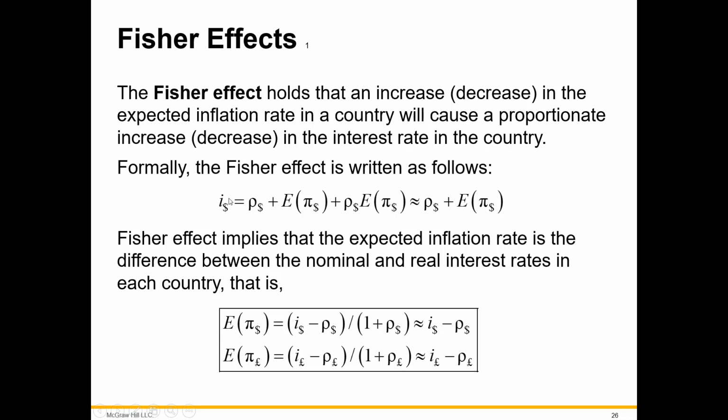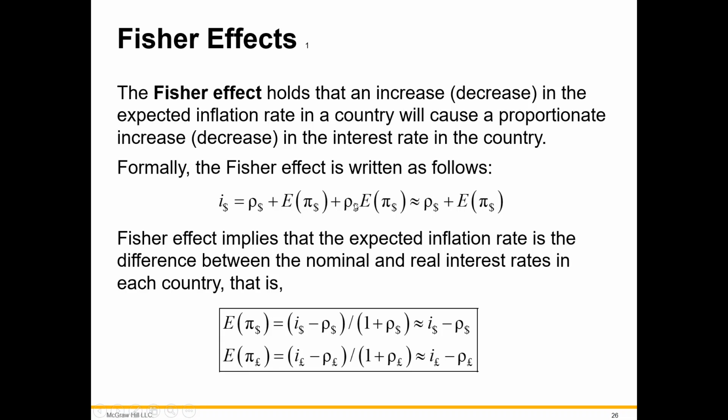The interest rate comes out like this: 1 plus the nominal interest rate is equal to 1 plus the real rate times 1 plus expected inflation. If you multiply that all out, we get rid of the 1, and then you get the real rate, expected inflation, and then the real rate times expected inflation.